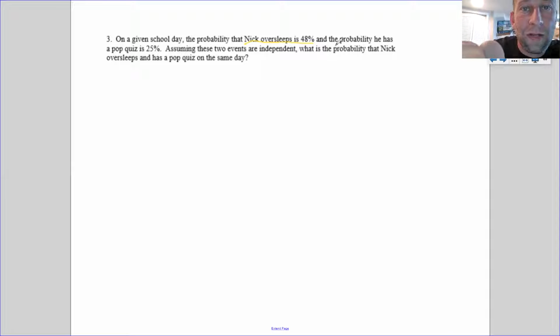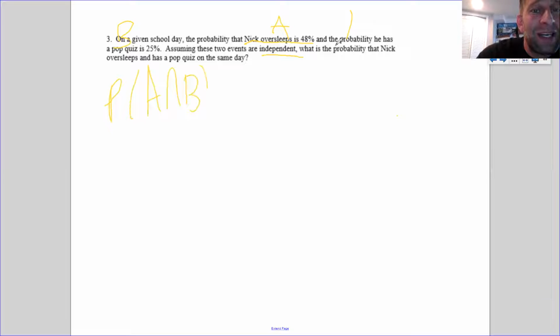Let's call that A. And the probability that he has a pop quiz, let's call that B, is 25%, assuming that these two events are independent. Well, independent is P of A and B equals P of A times P of B.